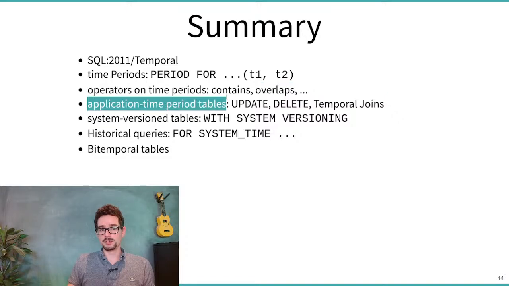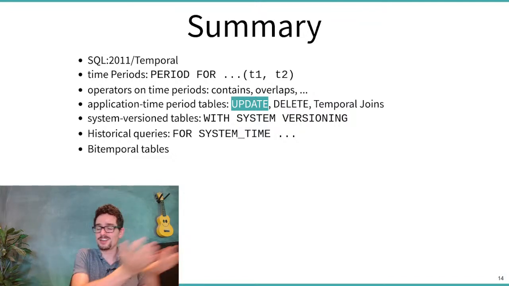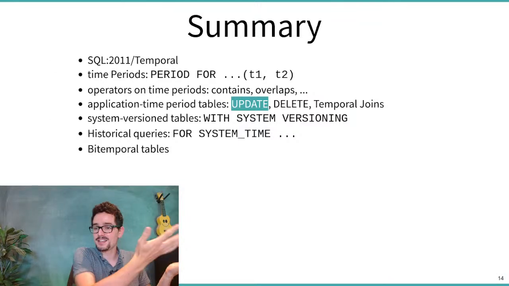We call it application time period tables when you manually work on these periods, and you can then update something in the past. This is not possible for system version tables. You cannot update the past and you cannot update the future. You update the now.